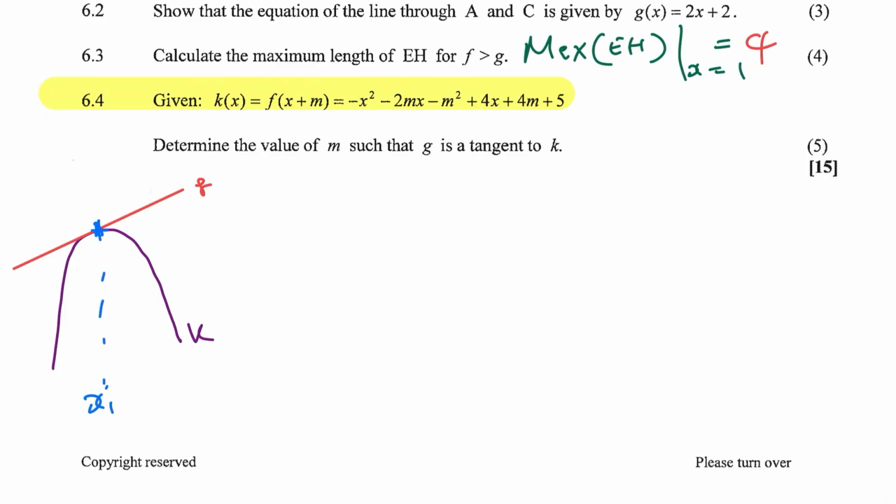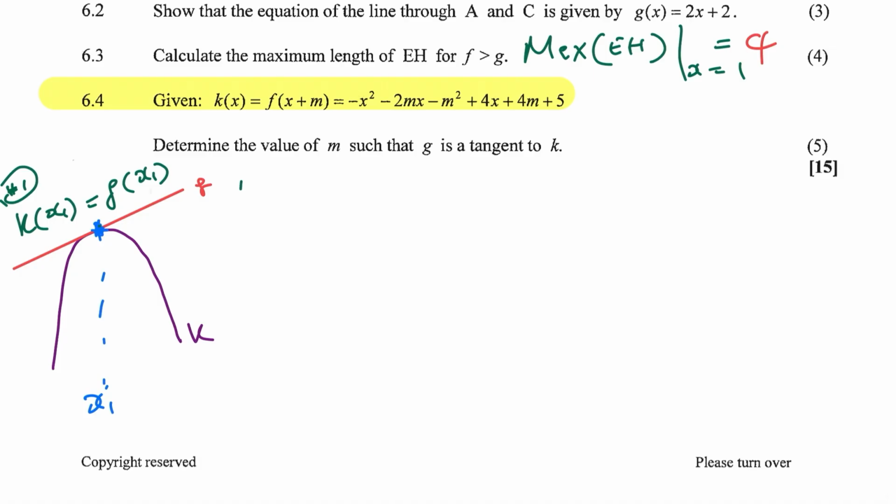It touches at the turning point once, meaning, number one, the K value at this point, the K, which is a parabola, and the straight line, which is a tangent, at this point, they're equal. That's the first thing that you need to know.